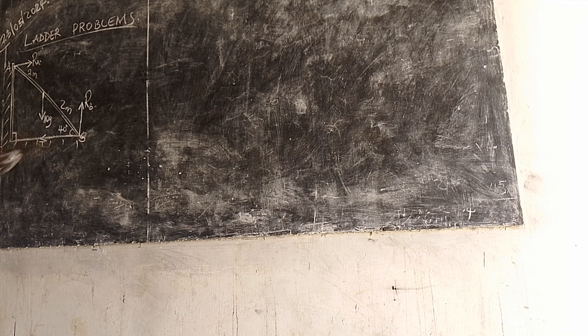You see, they are saying a uniform ladder of mass rests with its upper end against the smooth wall. A light horizontal string is attached to B and inclined at 40 degrees to the horizontal. The vertical plane containing the ladder and the string is at right angles. For it to remain there, it must be in equilibrium.